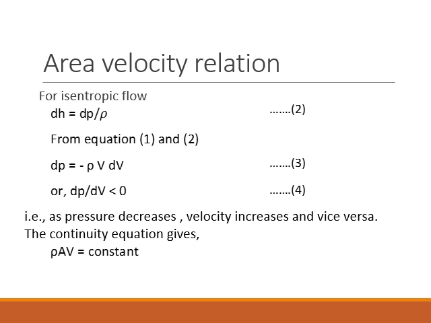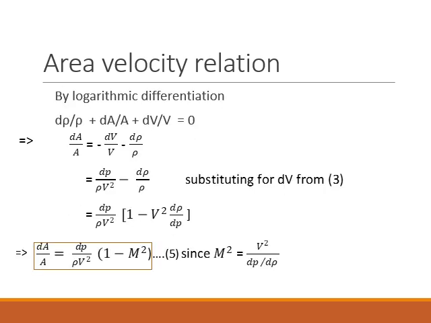Now the continuity equation gives rho AV equal to constant. By logarithmic differentiation, that is taking logarithm and then differentiating, we get d rho upon rho plus dA upon A plus dV upon V equal to 0.